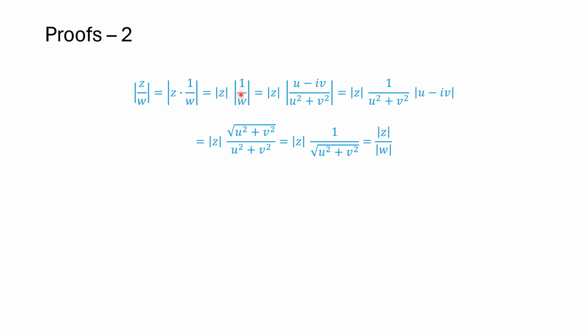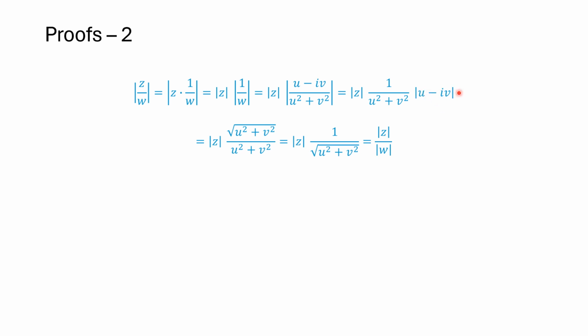Then 1 over w is just the inverse of w. We computed that formula in the second lecture. We get this here, and then u squared plus v squared is a real number. We can pull that out, and we get this expression.